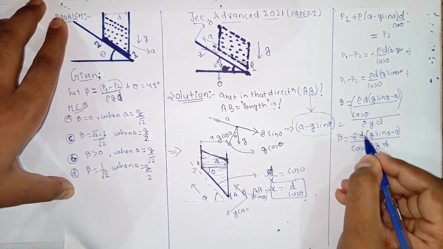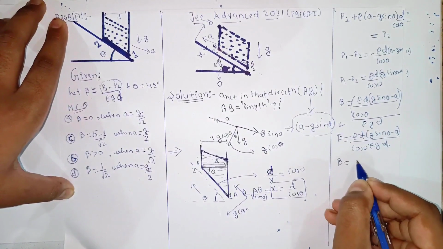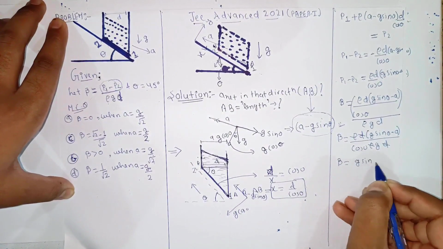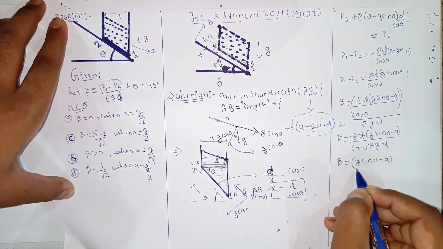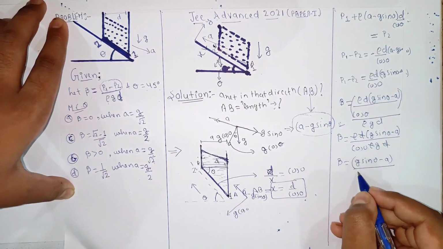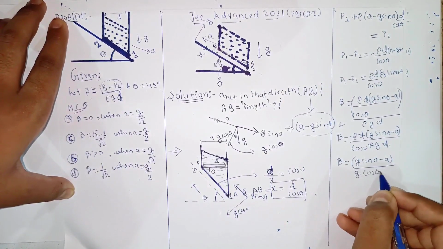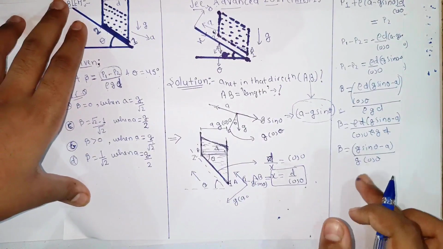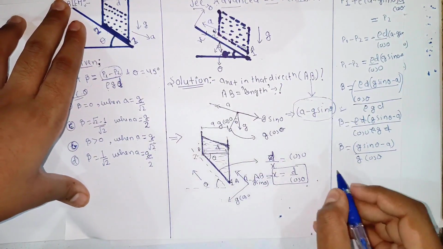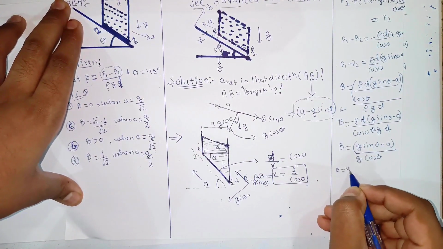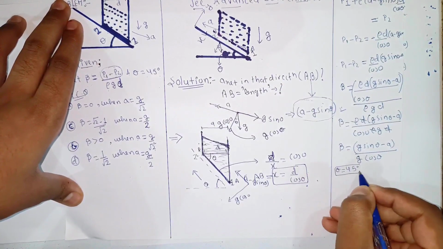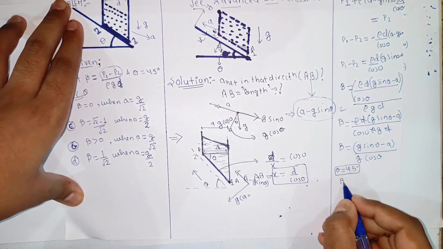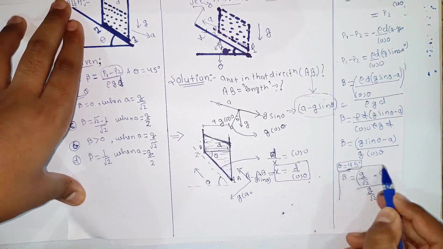Rho d and rho d will cancel out, and beta will be g sin theta minus a divided by g cos theta. Now put theta equals 45 degrees, and we will be getting beta. This is actually our beta.